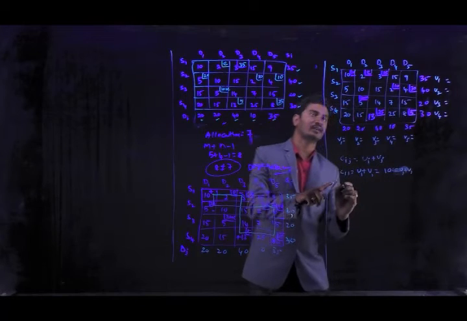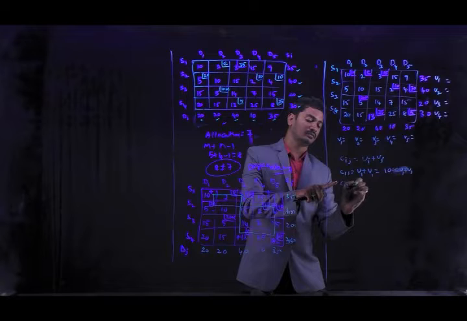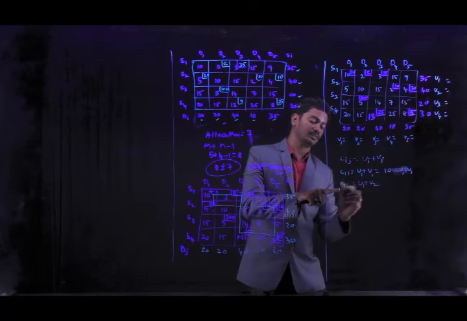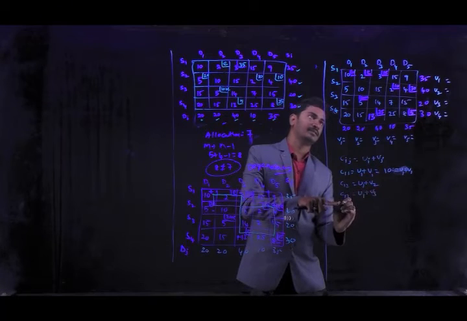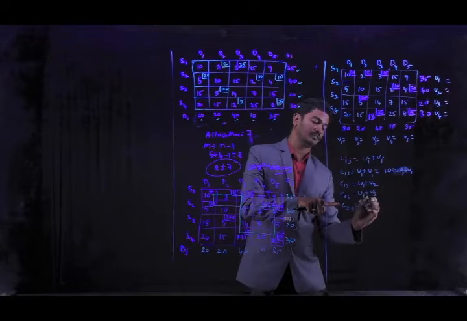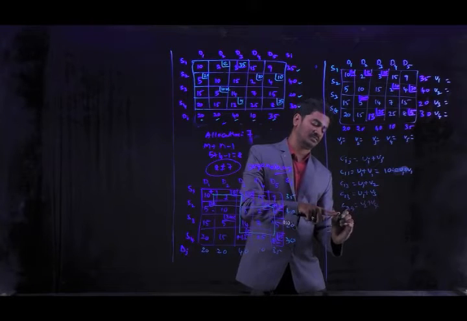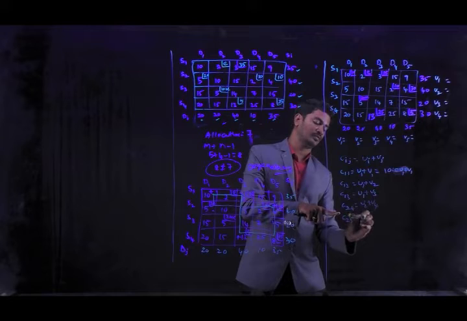Next, coming to the second one, C12 is U1 plus V2. Next, C13 is U1 plus V3. Next, C24 is U2 plus V4. Next, C25 is U2 plus V5.